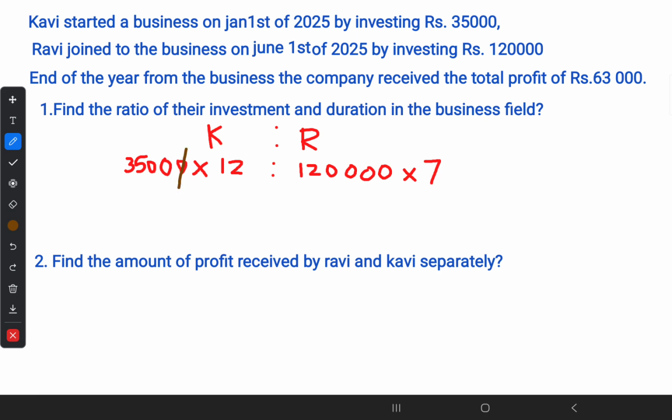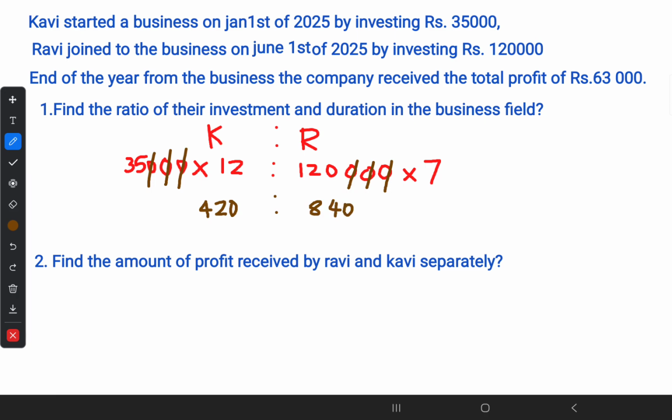Here I will simplify them by using 1000 first. Thereafter, 35 times 12. So 35 times 12 would be 350 and 70, 420. Is to 120 times 7, it is 840.